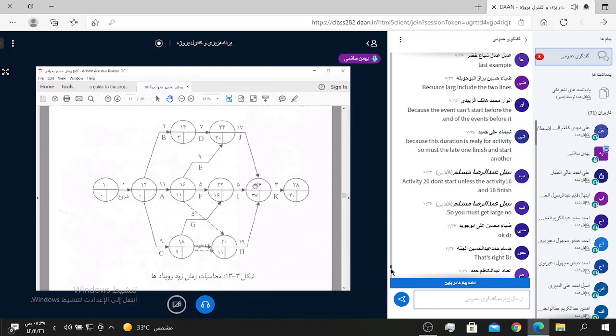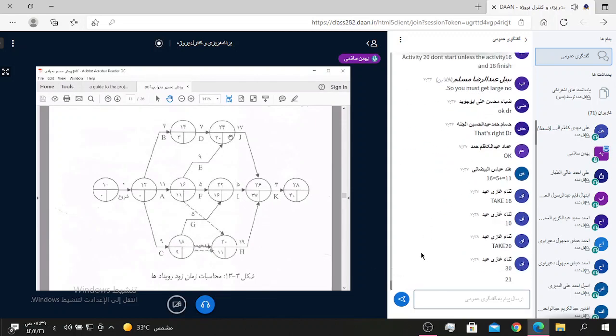And node 26 is related to node 20, 22 and 24. Node 20, 11 plus 19 equals 30. Node 22, 16 plus 5 equals 21.